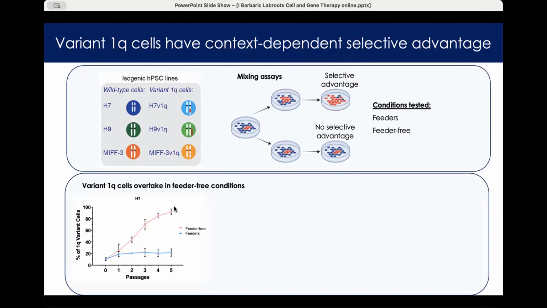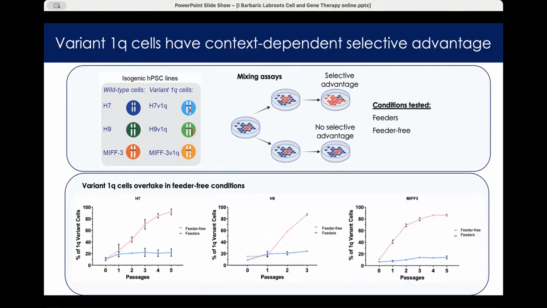And the same cells grown on feeders showed no selective advantage. This was a very robust result, which held true across all 3 different pairs of lines that we tested. So consistently, we saw that 1q cells win when they are grown feeder-free, but the same cells do not have selective advantage when they are moved onto feeders.